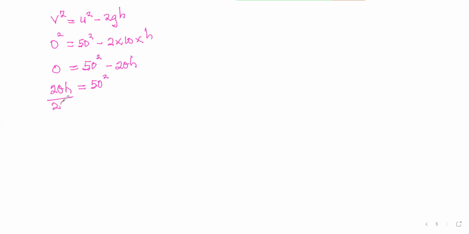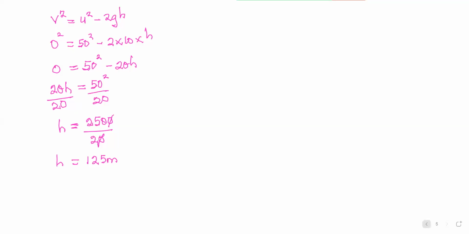When we divide through by 20, what is 50 squared? 2,500. So we have 2,500 divided by 20. What is 250 divided by 2? 125. So it means it would travel this distance when given an initial velocity of 50.